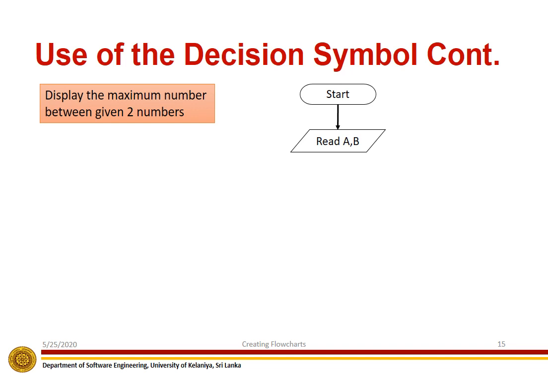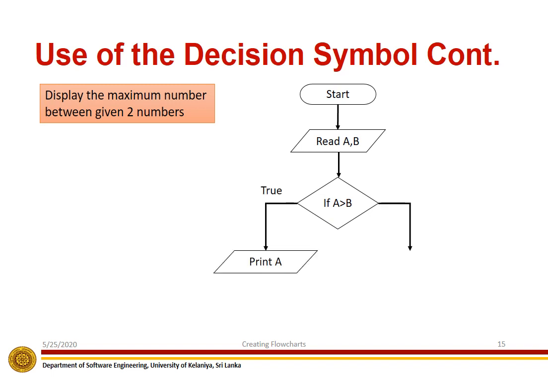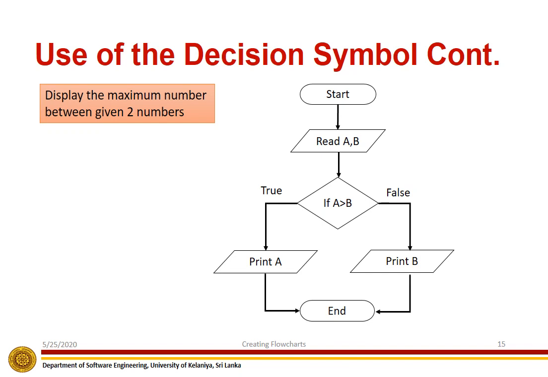Then the decision inside the diamond shape: if A is greater than B. If it is true, we print A, otherwise if it is false we print B, and print A and print B are both outputs, so we use the parallelogram. Then end the flowchart by connecting both ends to the end terminal symbol.